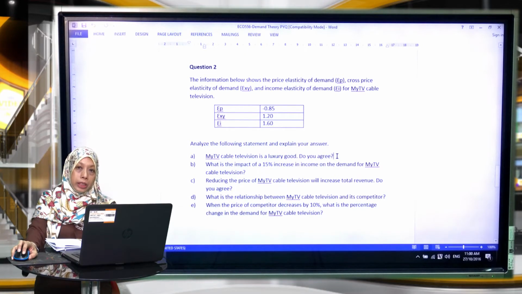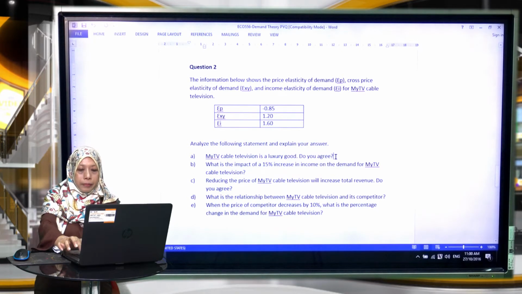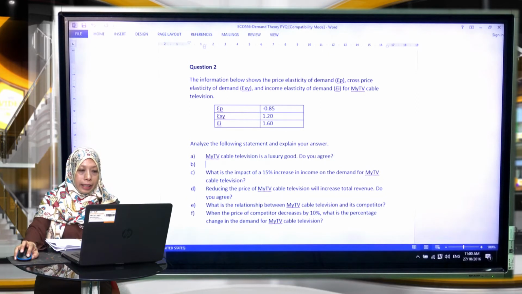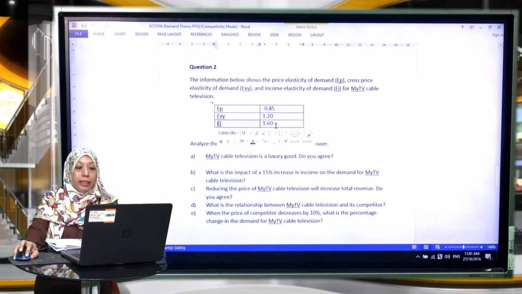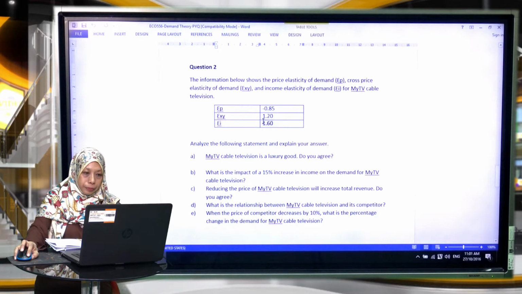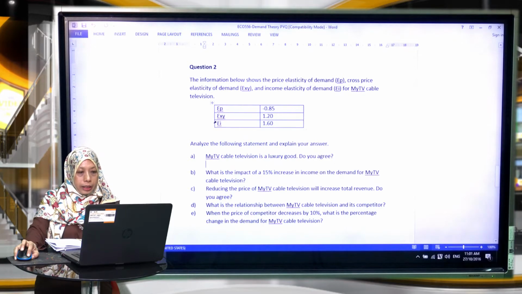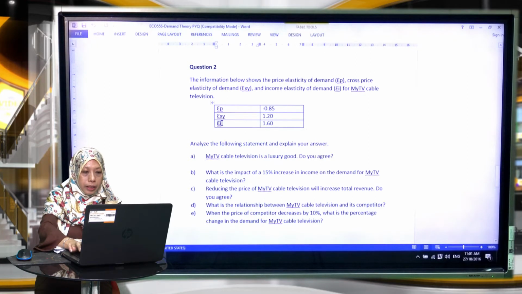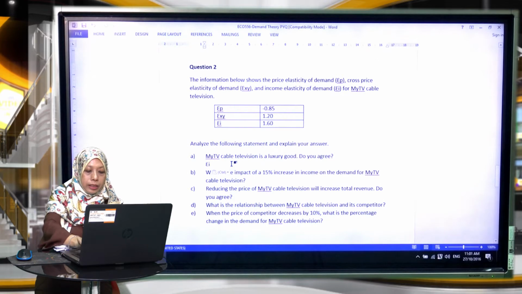Yes, we need to look at the income elasticity of demand, represented by epsilon I. Here the coefficient is given as 1.60. So the income elasticity of demand is 1.60.